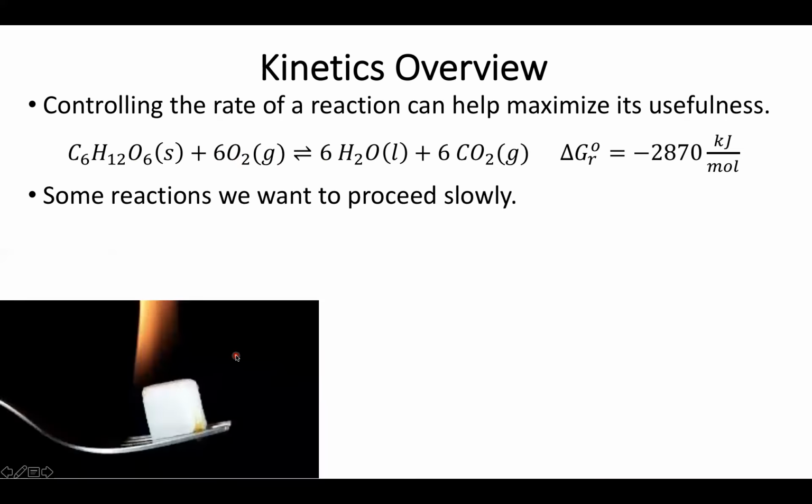You don't exactly want all of your sugar to spontaneously catch fire, which according to thermodynamics, it should. Anything made out of carbon, fat, protein, thermodynamics says you should burst into flames any moment now. The only thing that prevents spontaneous combustion is kinetics. So in that sense, sometimes having slow kinetics can be a really good thing.